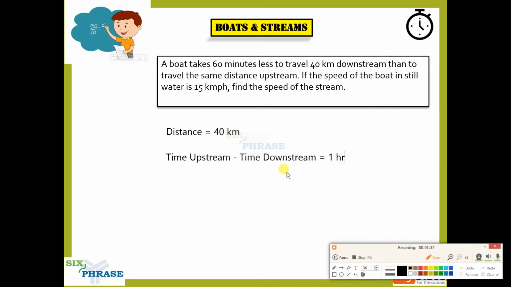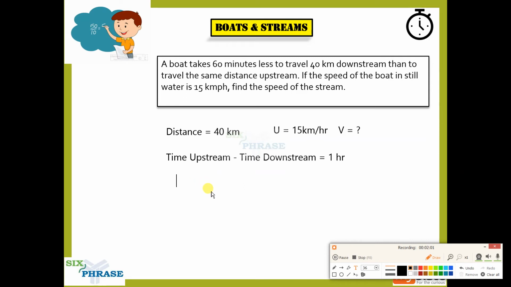Okay. If the speed of the boat in still water is 15 kilometers per hour, so they've given you u also. So u is equal to 15 kilometers per hour, right? So this is also given. You need to find v, guys. So what is time upstream?